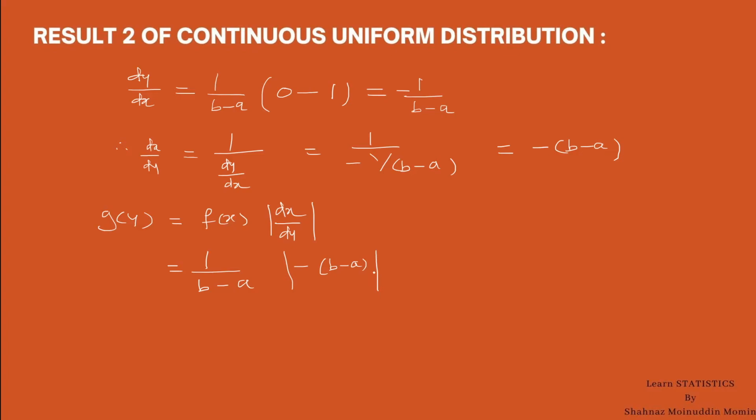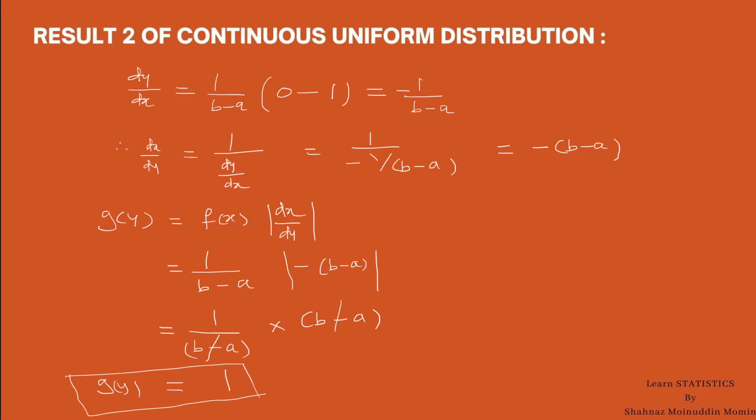As we are taking the absolute sign, the negative sign gets cancelled, and it is 1 upon b minus a into b minus a. B minus a gets cancelled, and this g of y, the PDF of Y, comes out to be 1. Here we obtain the PDF of Y.